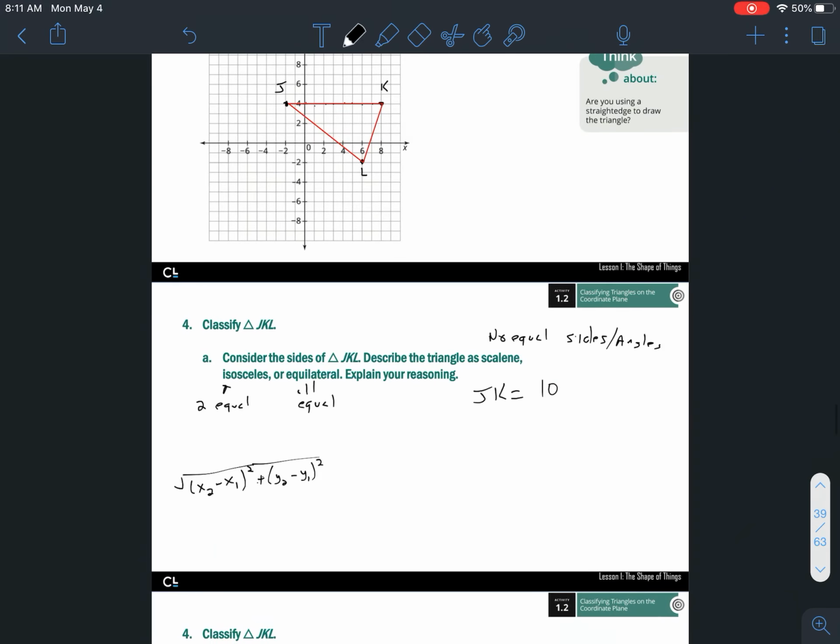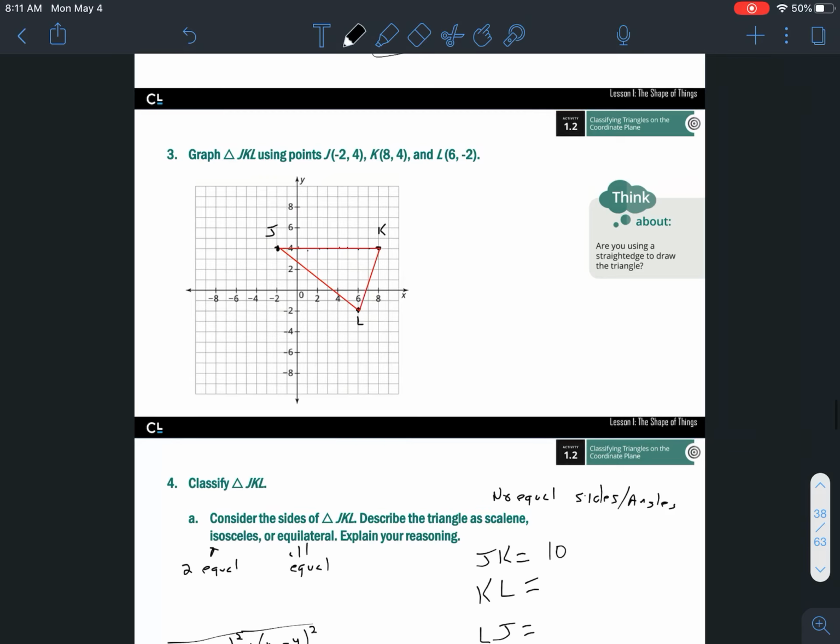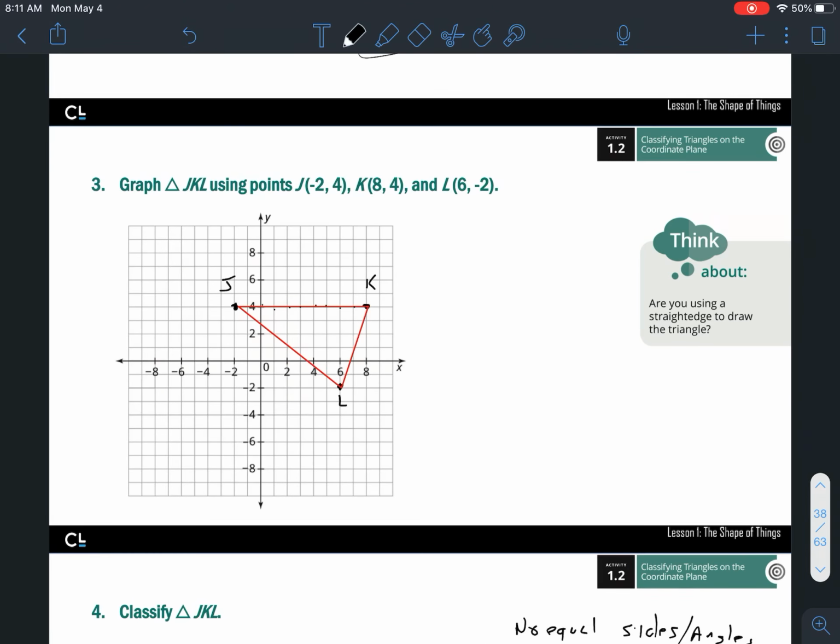Okay, so now we got to figure these points. This next one we're going to do is K to L. And then we'll do L to J. So we know our first point for K is our x1, y1, and L is x2, y2.